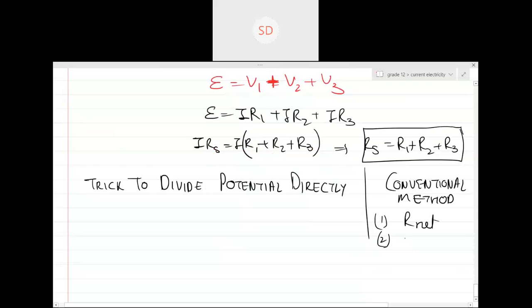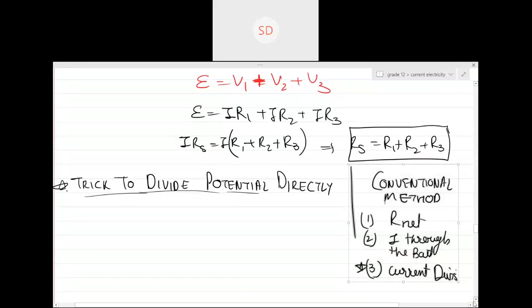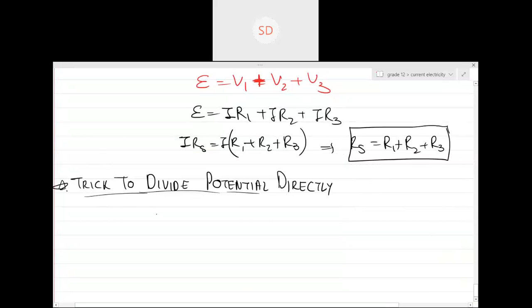The second is find out the current coming out of the battery, and then use current division. So basically, we have two different tricks. This one is easier. This one is called voltage division. So, we'll discuss them later on. So, trick to divide potential directly.